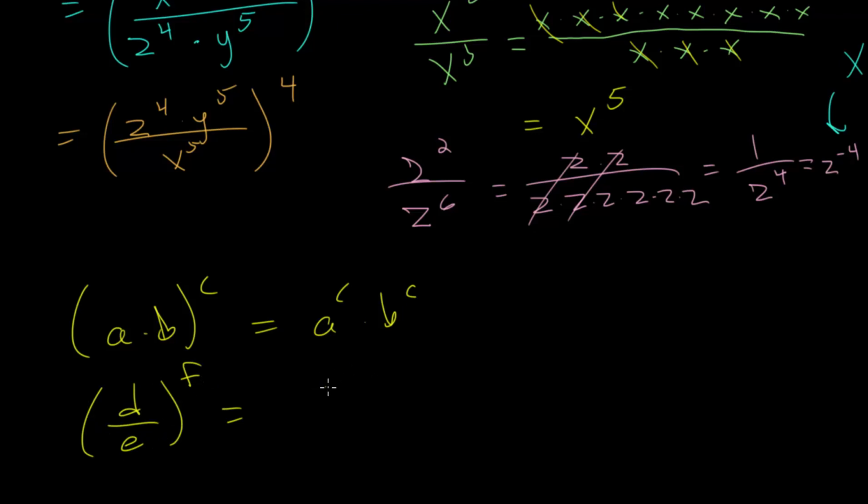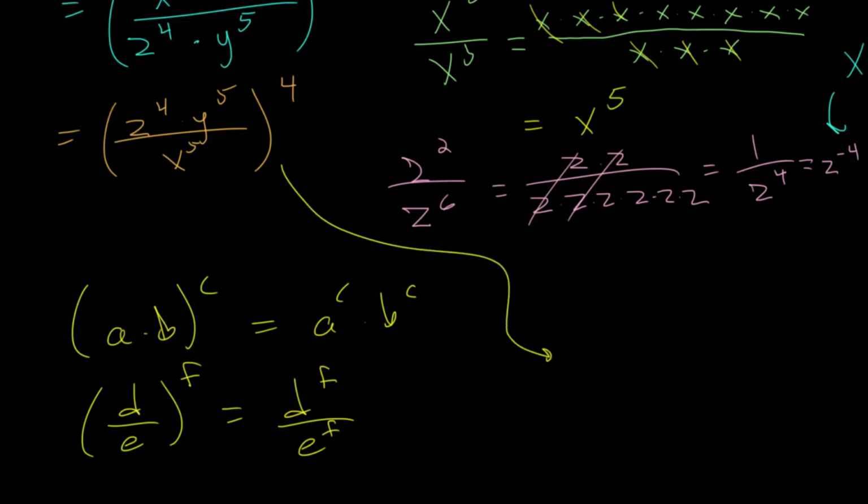If we have a quotient, then that exponent goes to each term or each factor in this quotient here. So this 4 will essentially go to each of these factors here, each of these exponential expressions with different variables. And we are raising each of these expressions to the 4th power.